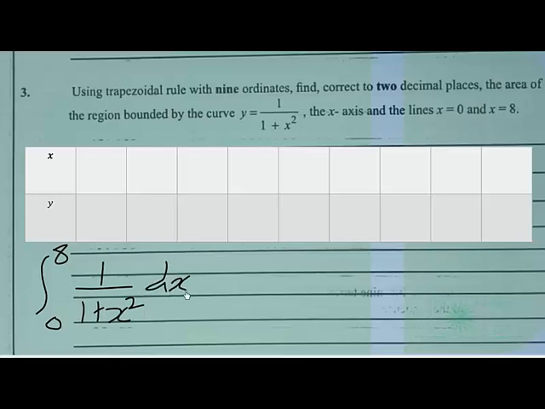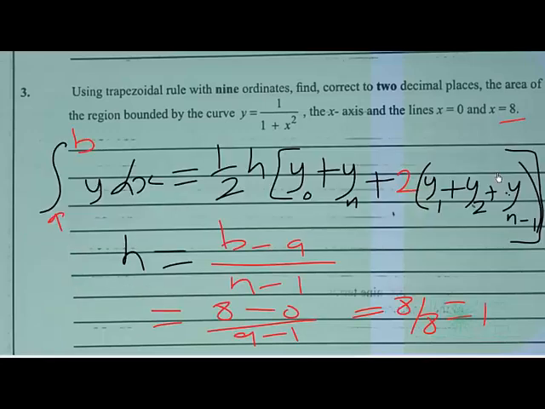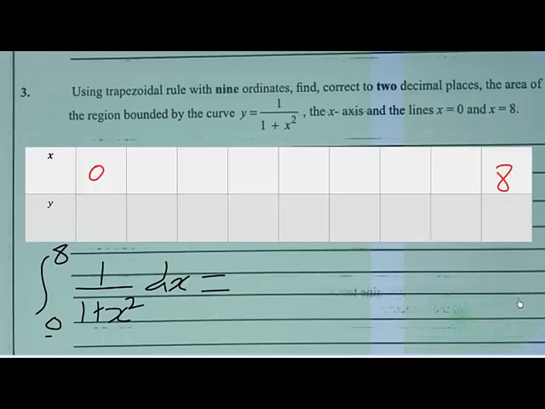Now let us look at the x values. We start from x equals 0, so we put 0 here. Then we keep adding the h that we found, which was 1.